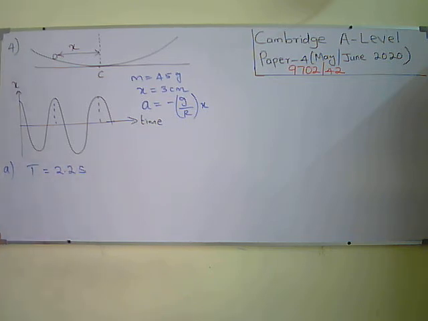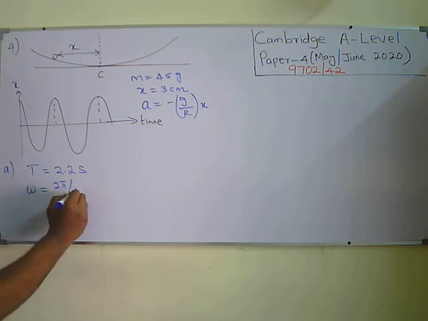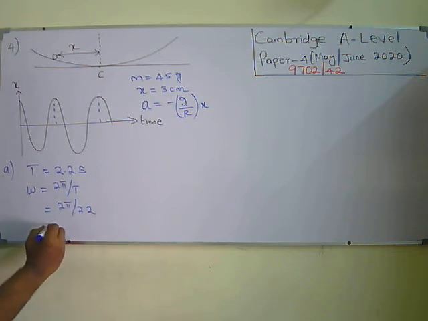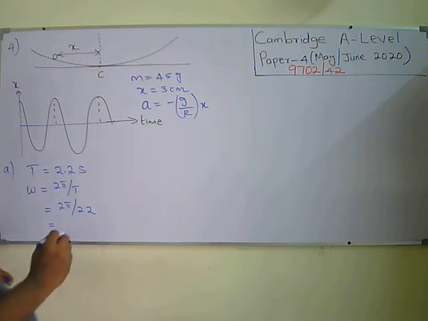The question asks for the angular frequency of the oscillation. We know that omega equals 2 pi over T, 2 pi over 2.2. So you will get 2.9 radian per second.